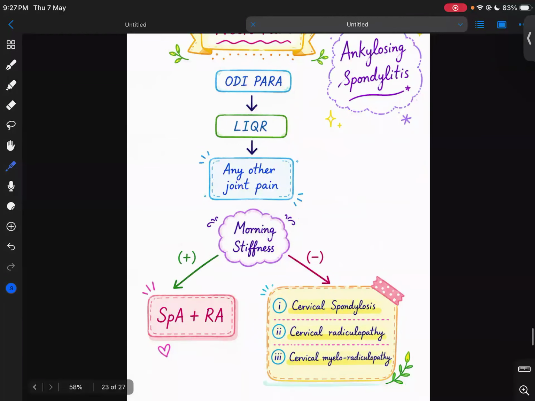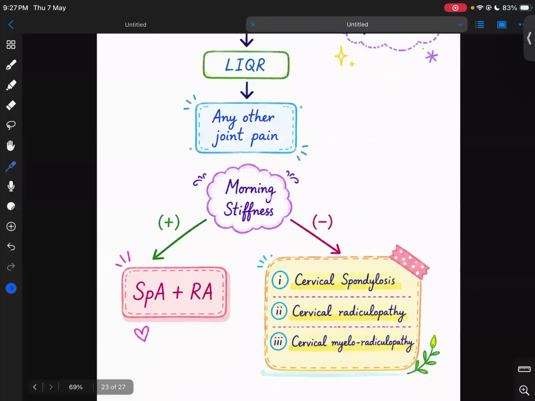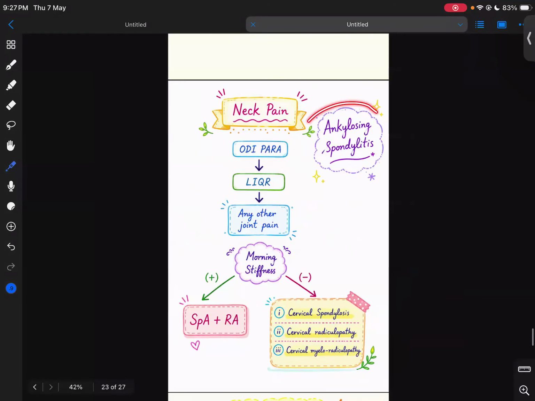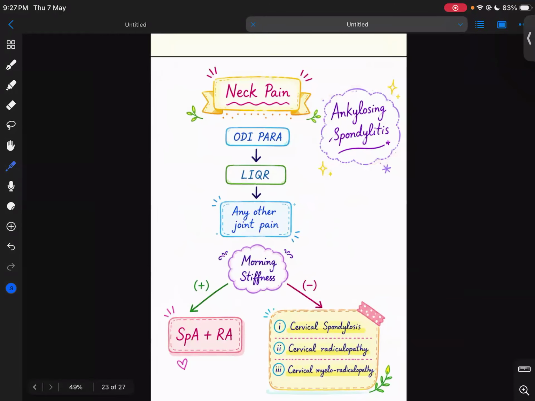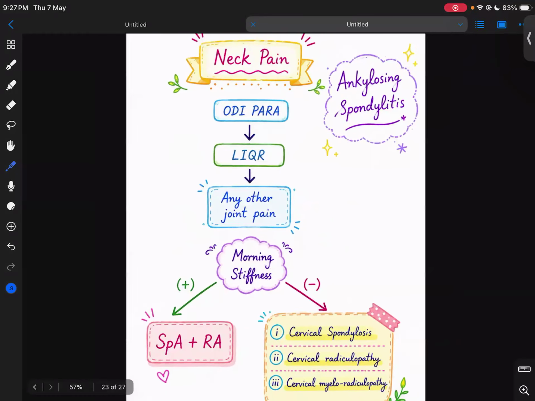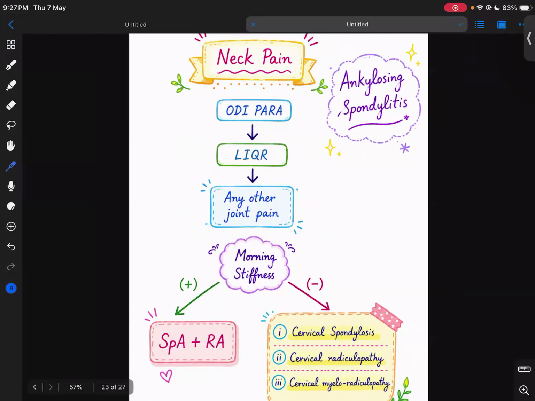If no morning stiffness is present, then this is mechanical neck pain. The causes of mechanical neck pain are very easy. You all know it can be cervical spondylosis, cervical radiculopathy, or cervical myeloradiculopathy. Very simple. It only came one time with an ankylosing spondylitis diagnosis. And that's all for neck pain. Let me know from the doctors if there's any question.